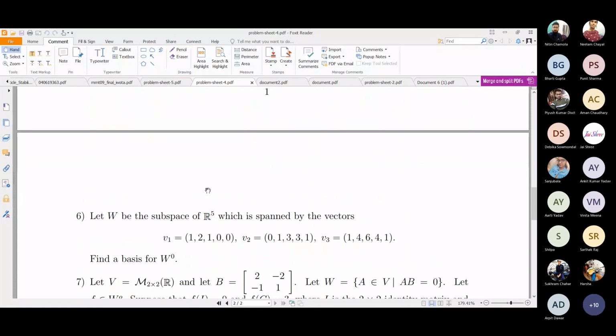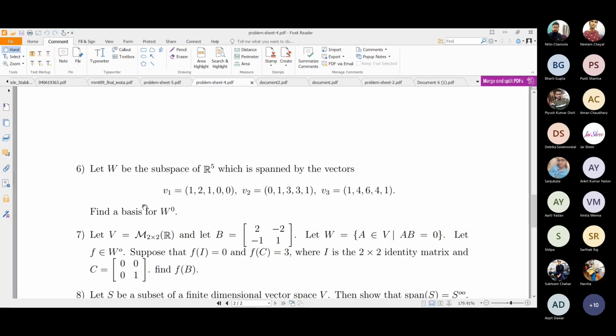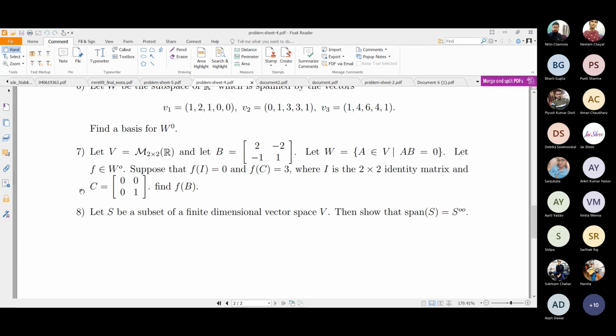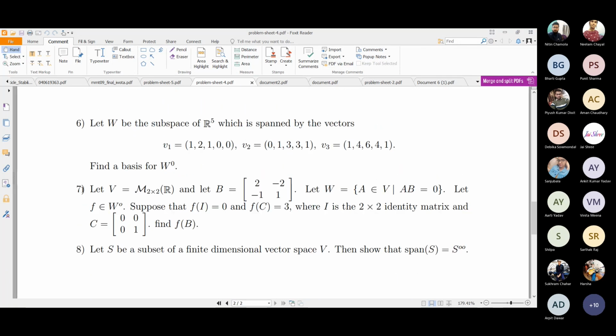So this question 5 also comes by the definition. What about this question 6? Similarly, you can do.